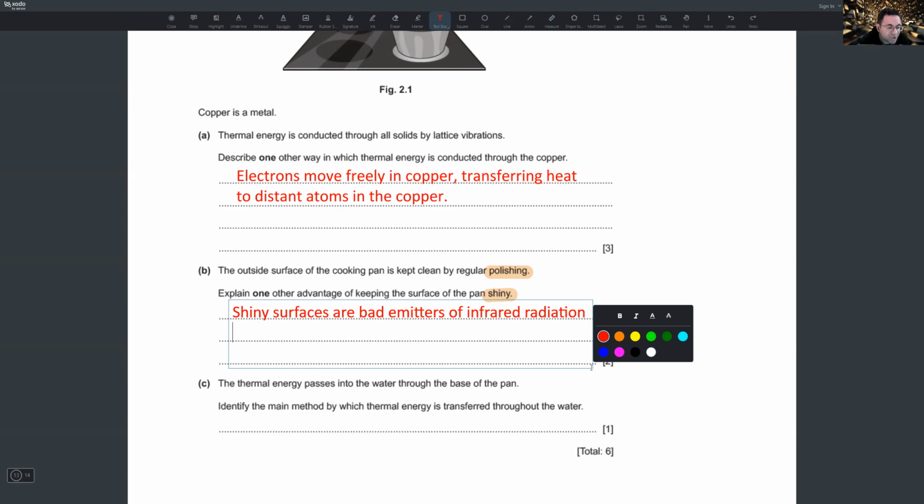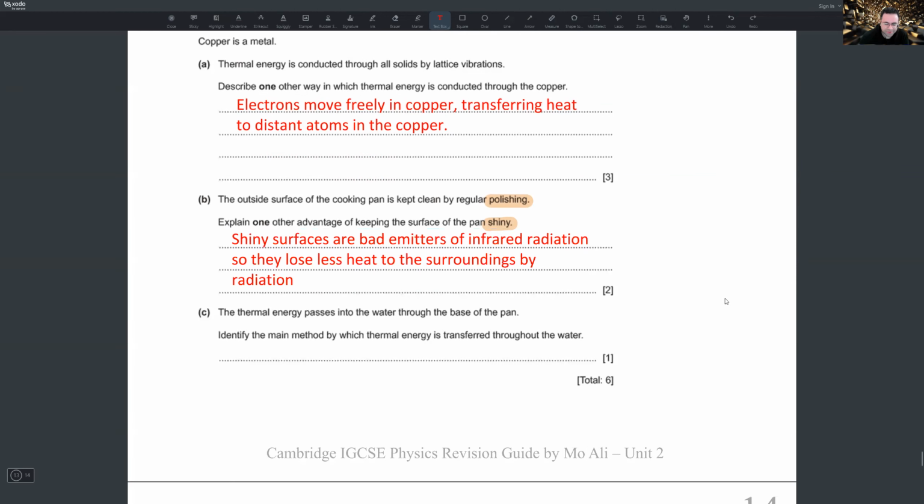Because a shiny surface is a bad emitter, it will lose less heat to the surroundings. If I'm heating food or water in this copper pan, it's not going to lose as much heat to the surroundings, so it reduces heat loss by radiation. Shiny surfaces are bad emitters of infrared radiation, so they lose less heat to the surroundings by radiation. Oh, my fingers are freezing, so I'm getting very clumsy with my typing.